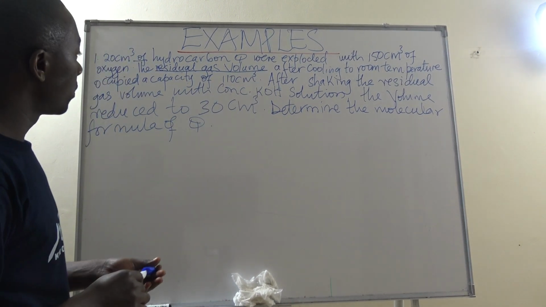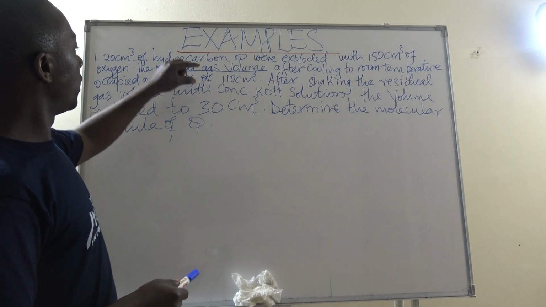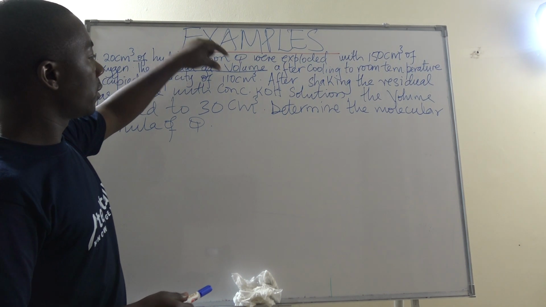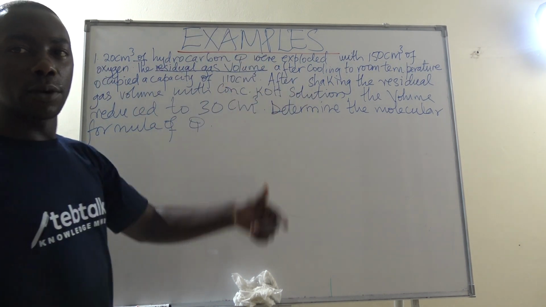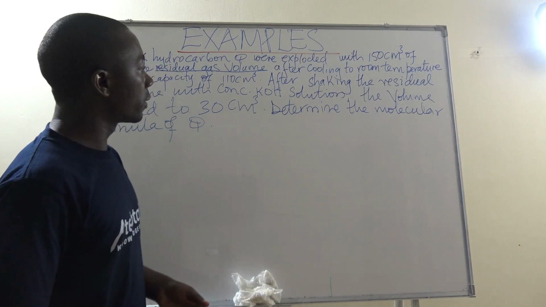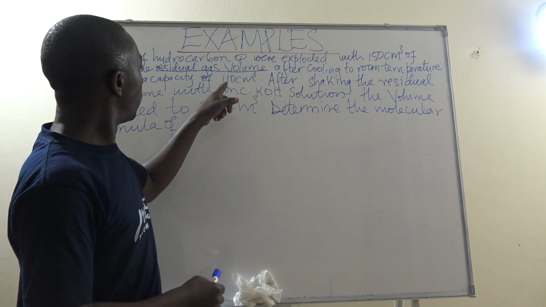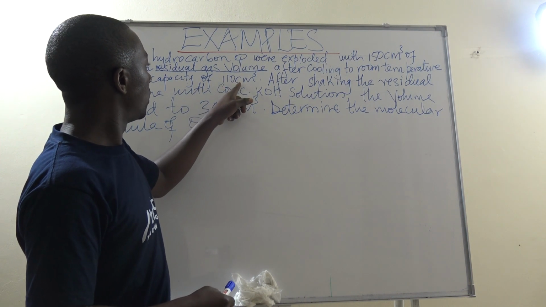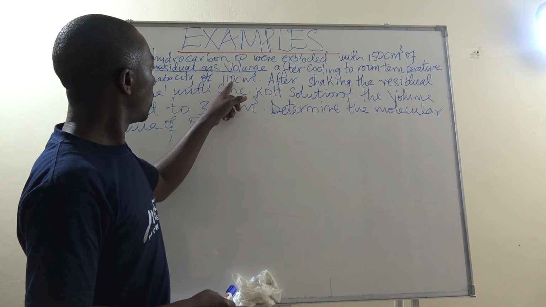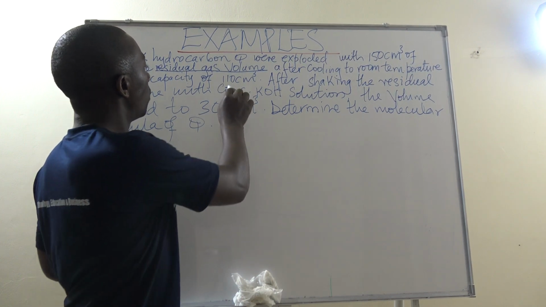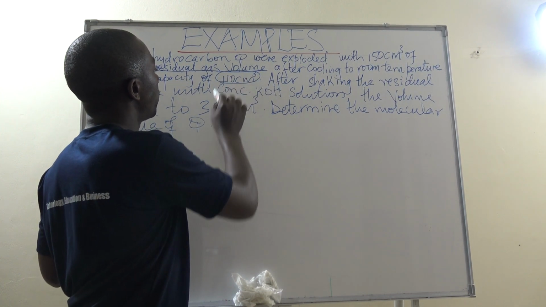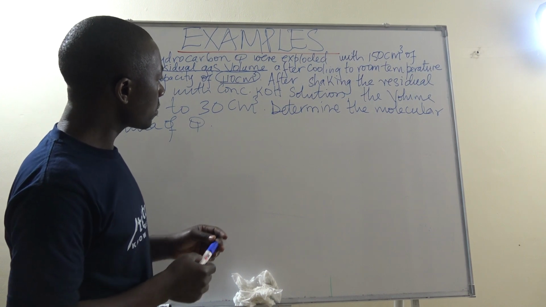Residual gas volume is the volume of carbon dioxide formed plus the volume of unreacted oxygen. That is the volume of 110, so unreacted oxygen plus carbon dioxide formed will total up to 110.